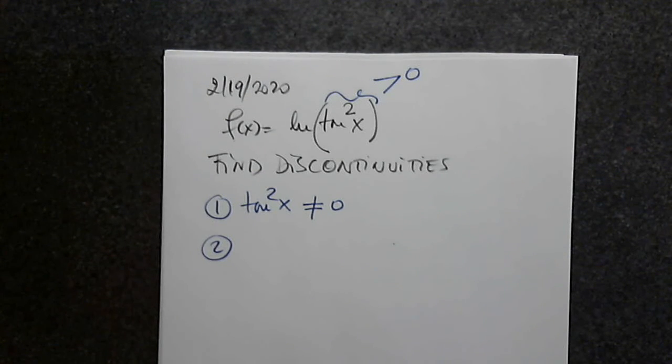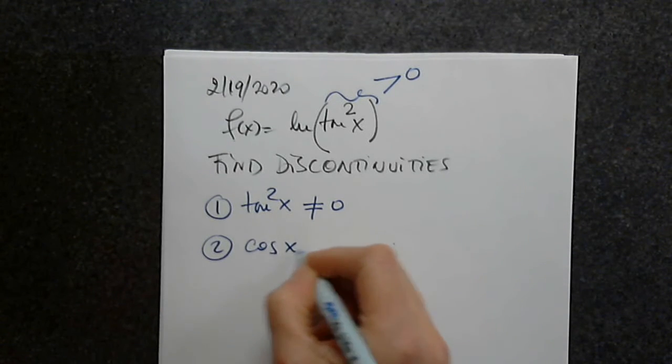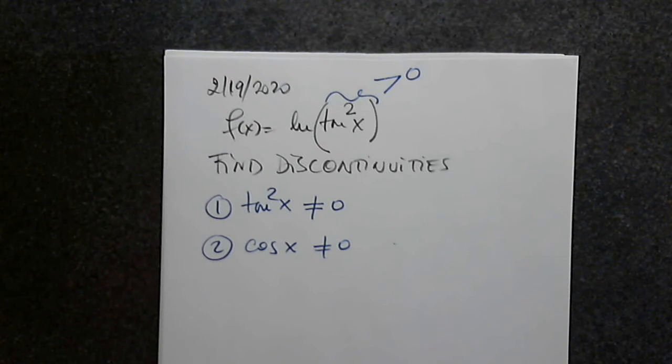It could be undefined when its denominator, cosine, could be zero. So the second condition is that cosine does not equal zero. Are we restricted to a particular interval? It just says everything, basically.